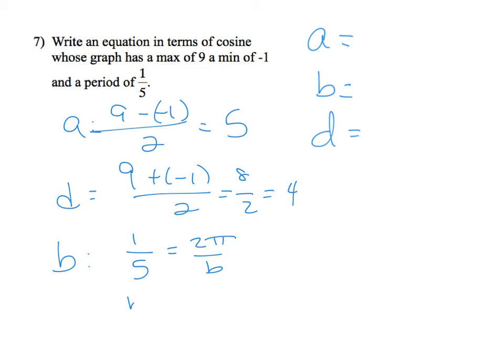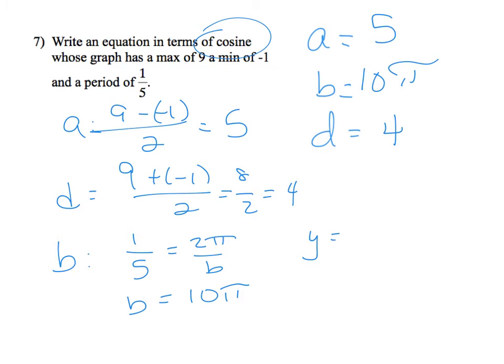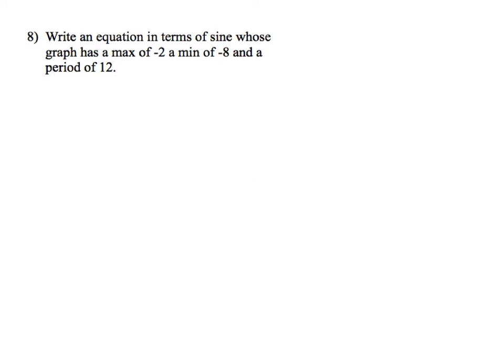Cross multiply, so b equals 10 pi. So let's put these in. 5, 4, 10 pi. They said in terms of cosine, so y equals a cosine bx plus d.